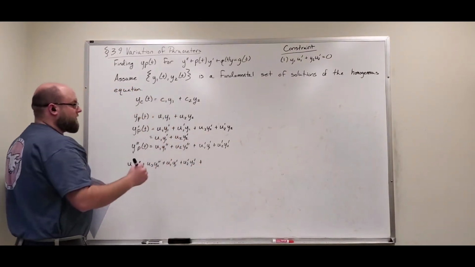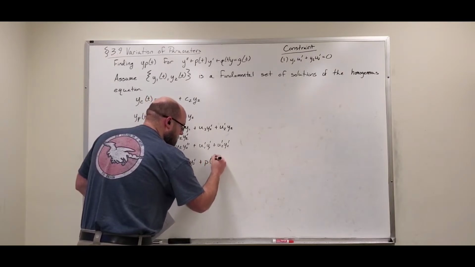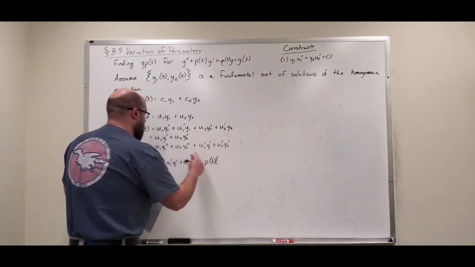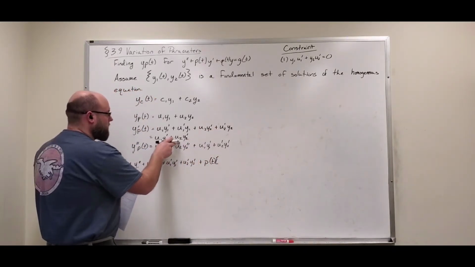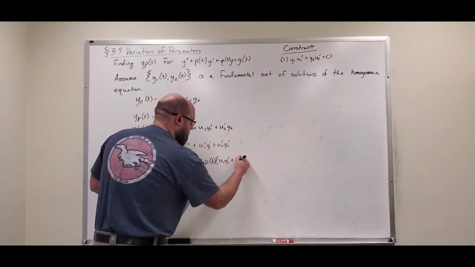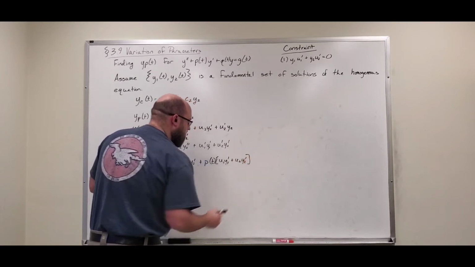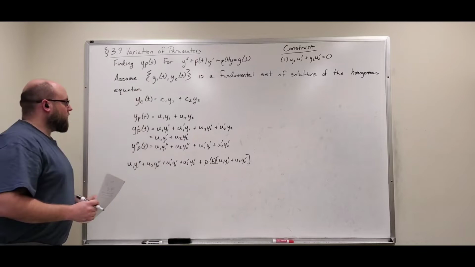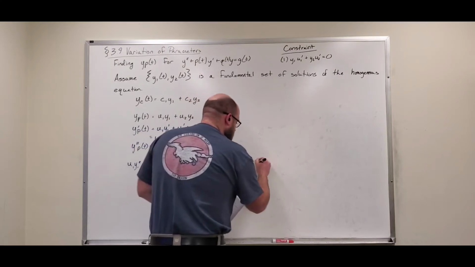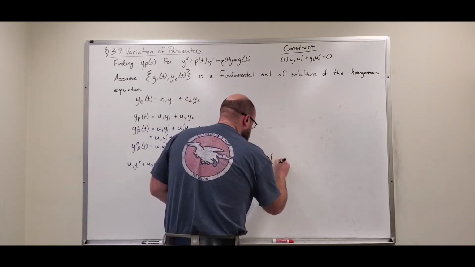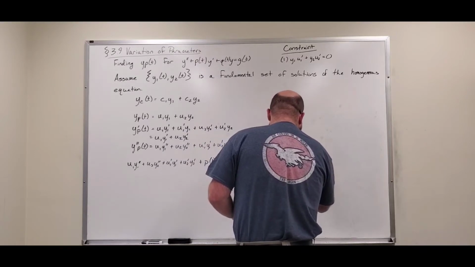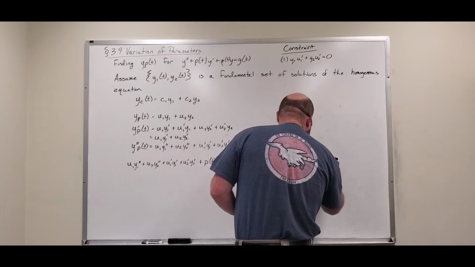Plus now our p of t times y prime, using our constraint, so u1 y1 prime plus u2 y2 prime. Then our q of t multiplies our original particular solution, so plus q of t times u1 y1 plus u2 y2, and this is all equal to g of t.